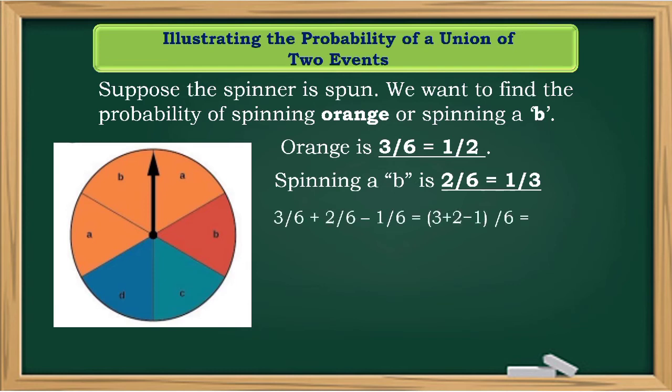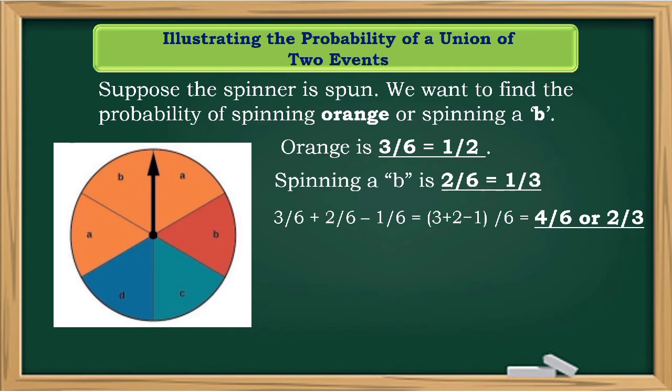So let's solve. We have 3 over 6 plus 2 over 6 minus 1 over 6. Simply add the numerators, so we will have 3 plus 2 minus 1 all over 6, and that is equal to 4 over 6 or 2/3.